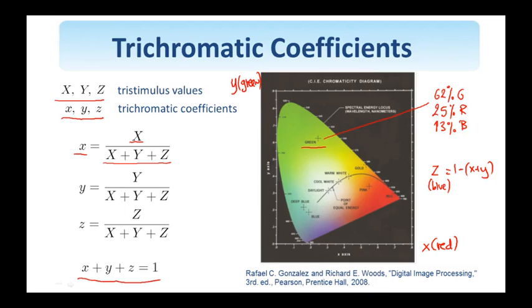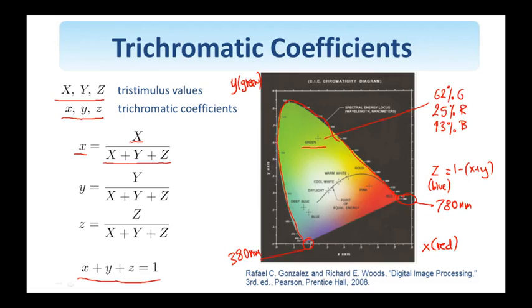The various spectrum colors, from the violet down here at about 380 nanometers to red at 780 nanometers, are located on the boundary of this tongue-shaped diagram here. These are the pure colors in the spectrum, as we discussed earlier, and any point not on the boundary but within the diagram represents some mixture of spectral colors.